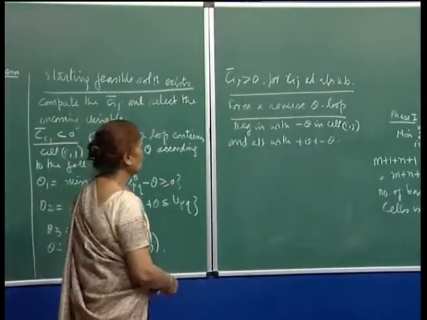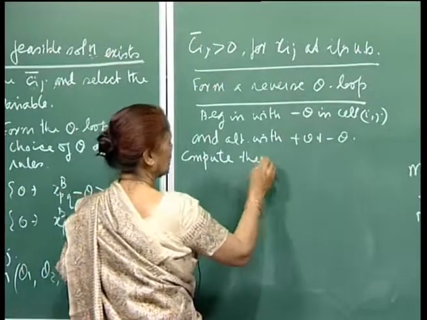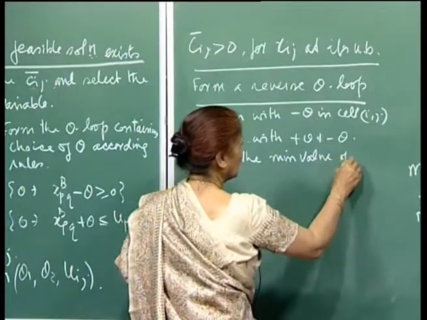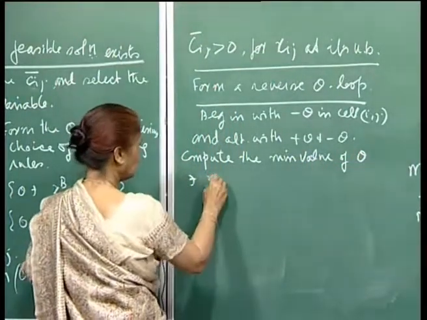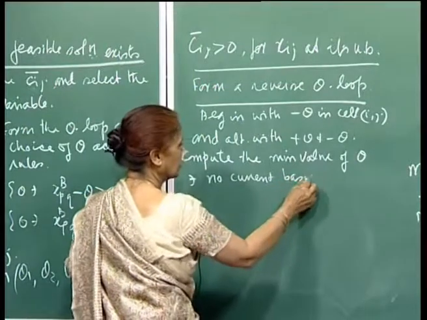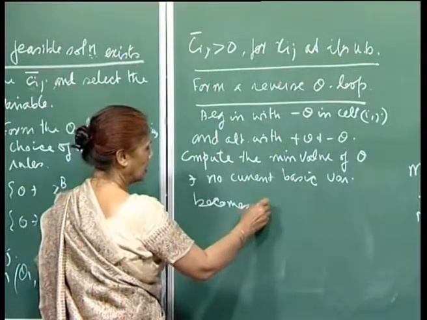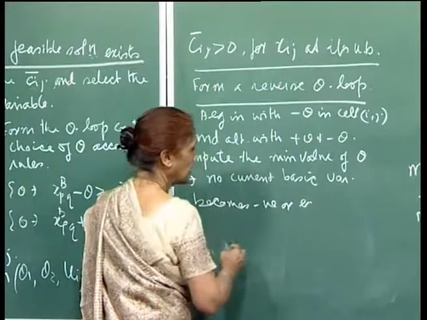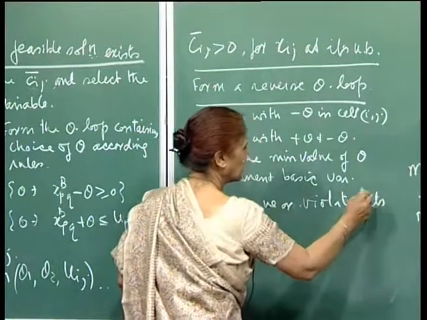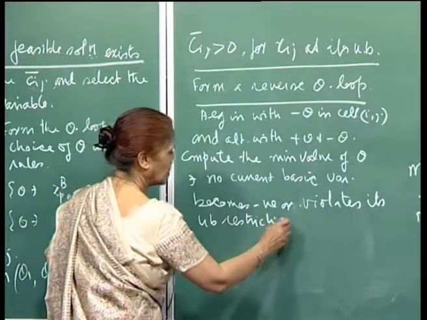And then compute the minimum value of theta such that no current basic variable becomes negative or violates its upper bound restriction, right.